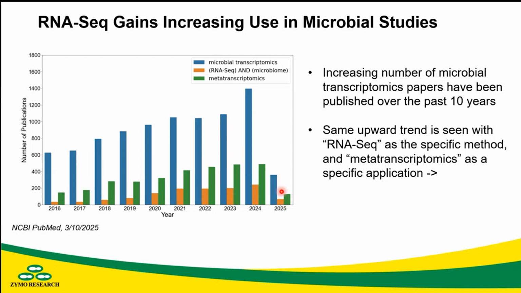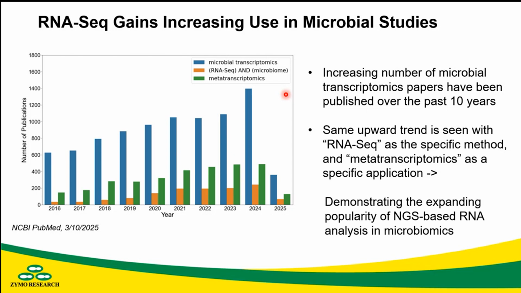We're just in half of March this year in 2025, and we're already over 1/6, or 16%, of last year's. So it looks like in 2025, we'll have an equally exciting trend of seeing more work coming out. So all of this, from my perspective, demonstrates the expanding popularity of NGS-based RNA analyses in microbiomics.